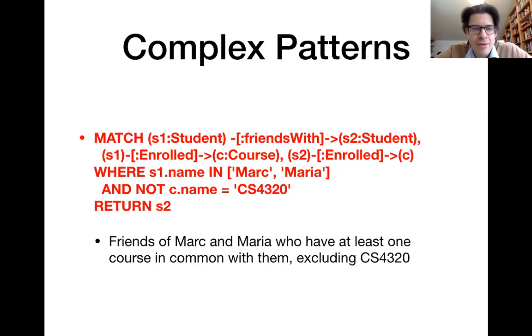And here we have the student name must be in the list Mark or Maria. And the course name should not be equal to CS4320. So altogether here, we're looking for students who are friends of Mark and Maria and have one course in common that they're both enrolled in, but that course cannot be CS4320.